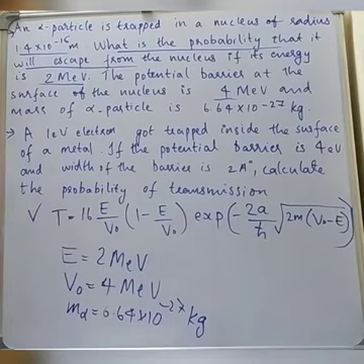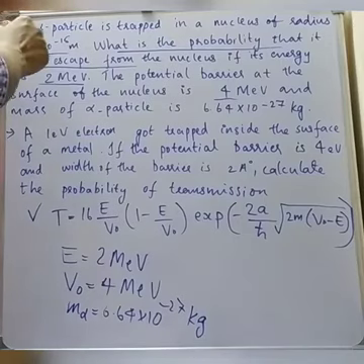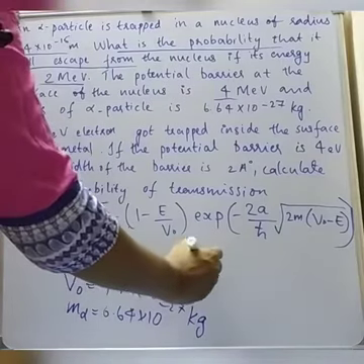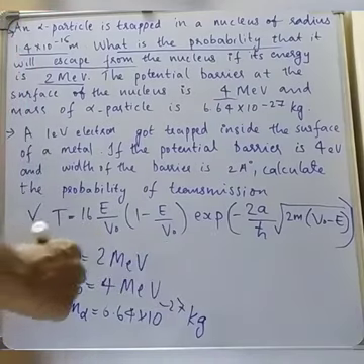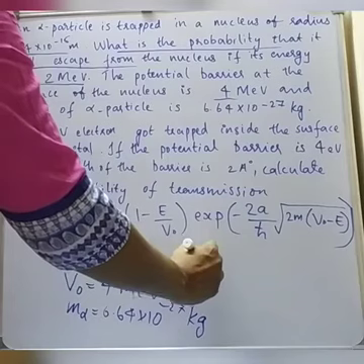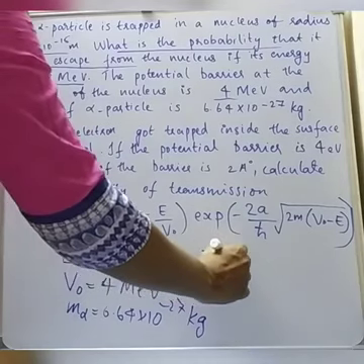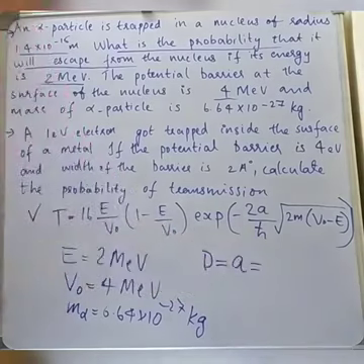We can directly substitute the values. See, radius is given, so A is actually the diameter. Diameter will give the value of the width of the barrier, so twice 1.4.